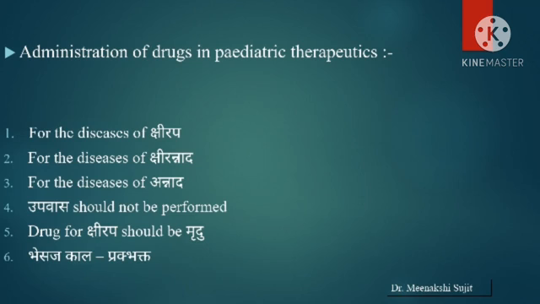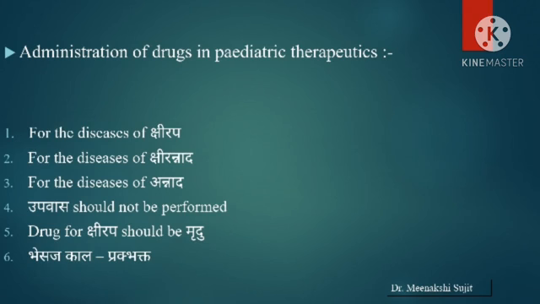For the disease of Kshirapa, the drug should be given to the mother only. As we all know, the Kshirapa child is fully dependent on the mother for nutrition, for food, for everything, right? So if we give medicines to the mother, it will indirectly go to the baby through breast milk. So the medicine should be given only to the mother in the condition of Kshirapa children.